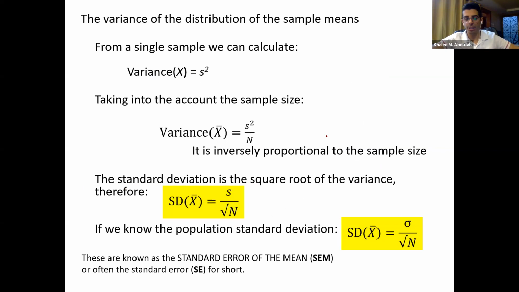Where did they get the square root? Remember, they initially did it with variance, just putting it over n. Then they realized that if we want the standard deviation, you have to take square roots of both. So it's going to be s over radical n. You get it? This is important.